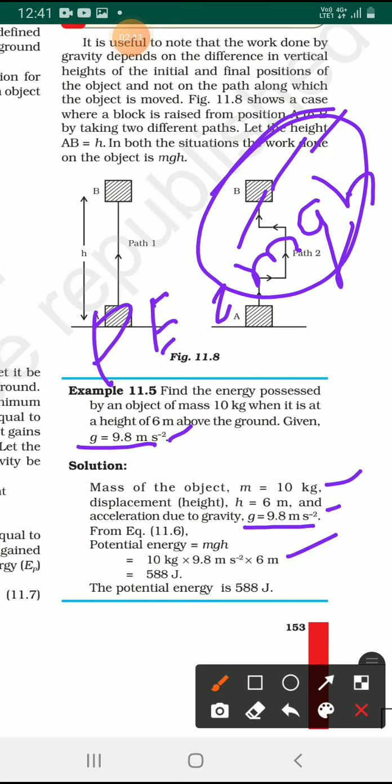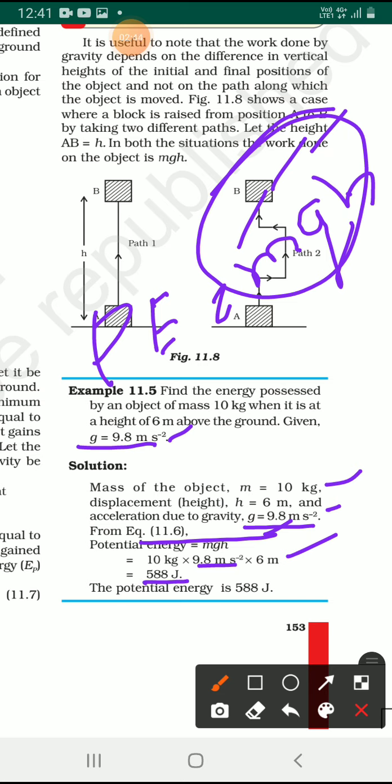In this step we can see 10 kg mass, gravitation 9.8, and 6 meter height. If we multiply all that, it becomes 588 joules. Since the decimal point is there, just multiply simply: 10 into 98 is 980, into 6 it becomes 5880.